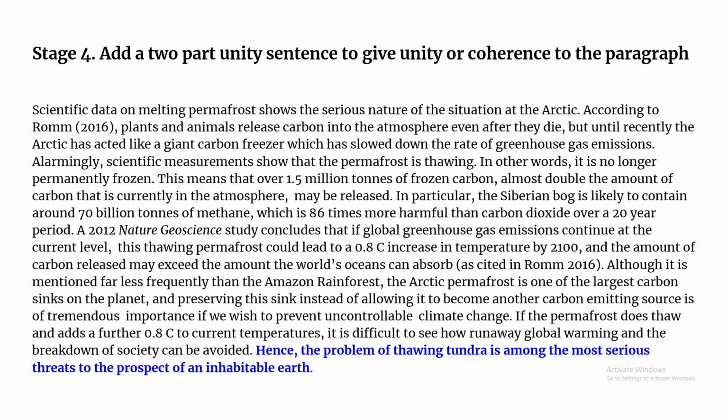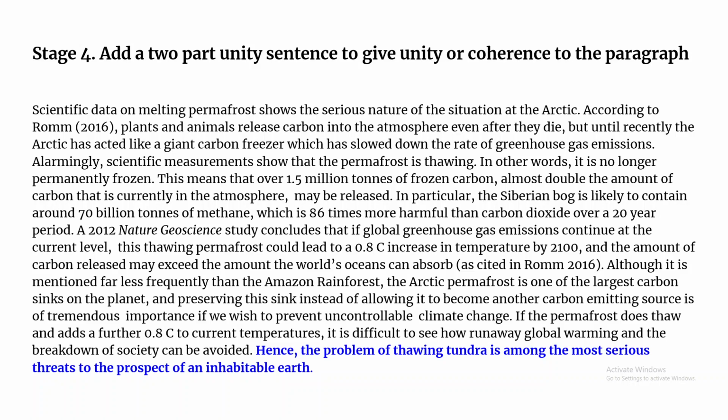Okay, let's have a look at the final part of the paragraph, stage 4. And here we need to understand the concept of unity or coherence. So the final sentence of the paragraph concludes the paragraph and gives unity or coherence.